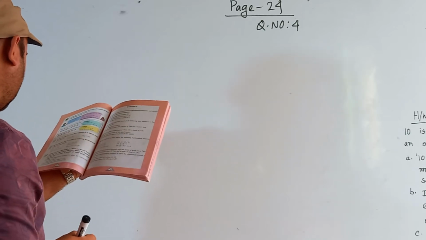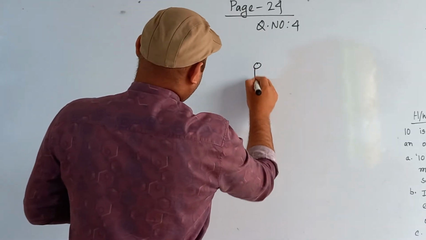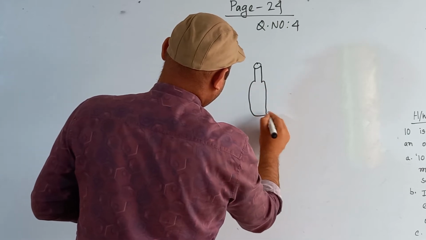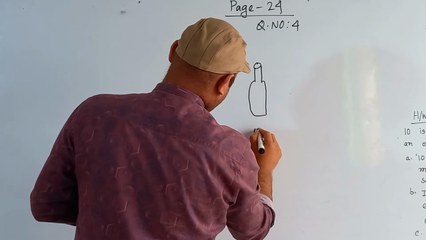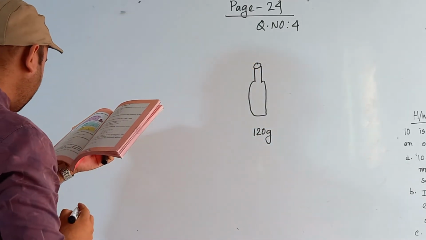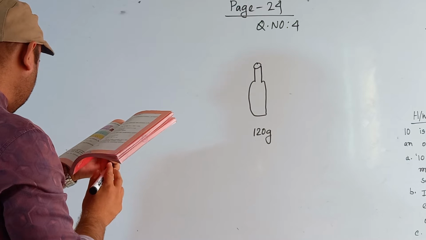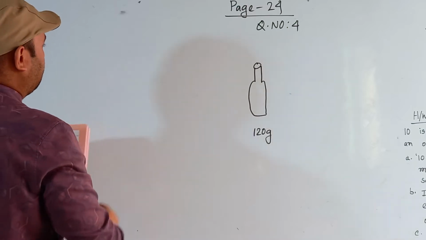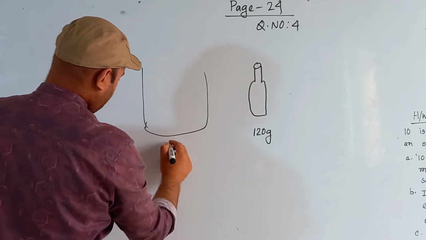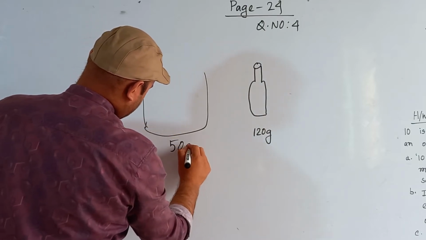Look here, a bottle of water weighs 120 grams. Suppose here is a water bottle like this, whose weight is 120 grams. And Mina puts several bottles of this water in a bag of 50 grams. Look here, here is a bag which weighs 50 grams.